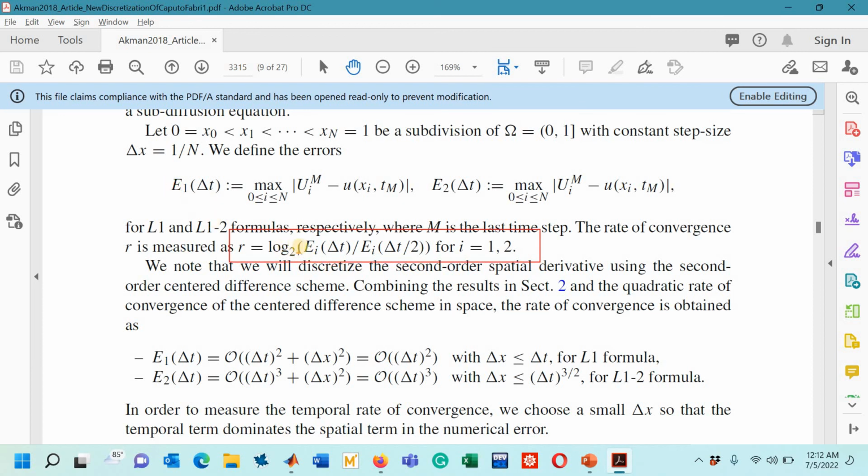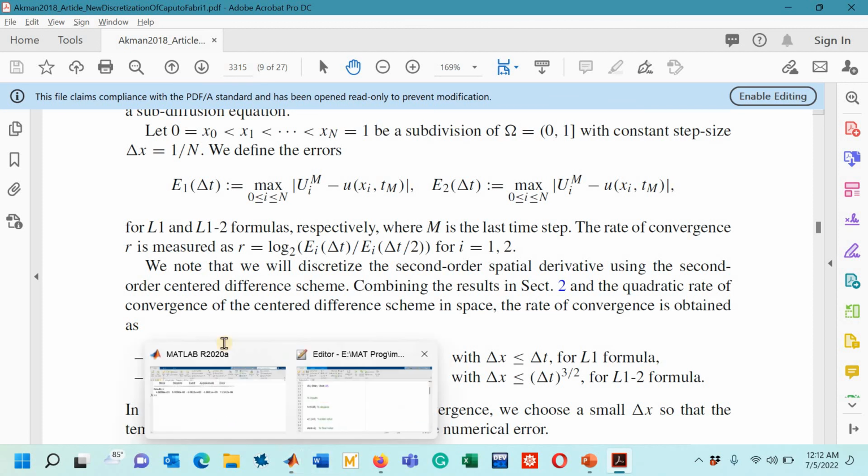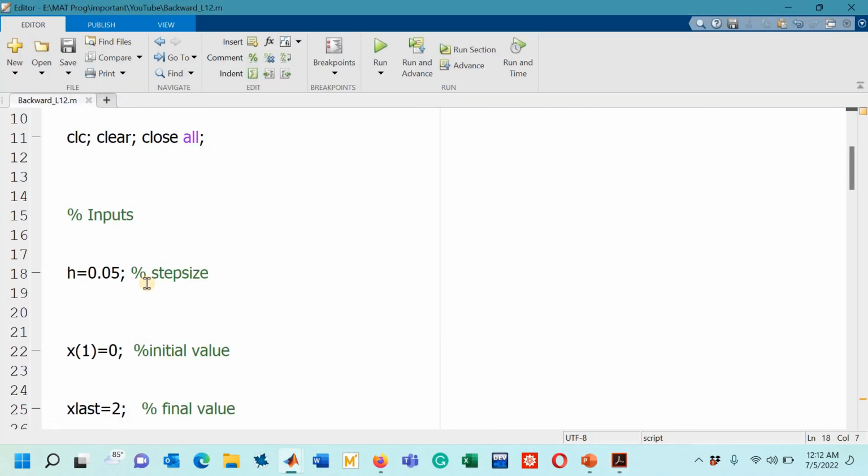So log to the base 2 of the error with the step size delta t, divided by the error with half of the previous step size. So let's use this idea and verify the rate of convergence. Now I'm going back to 0.1 and I'm going to run this script.